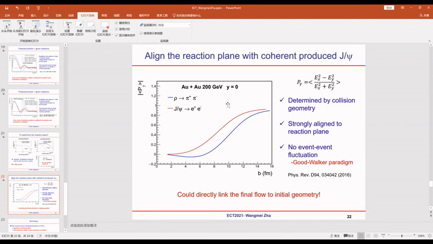The maximum value is 1, so you can find it has very good resolution in peripheral collisions. Also, this determination of the reaction plane has no event-by-event fluctuation, because in the Glauber paradigm for the coherent production, it is averaging over the nuclear density distribution, and the incoherent contribution reflects the fluctuation. So it could directly link the final flow to the initial geometry.